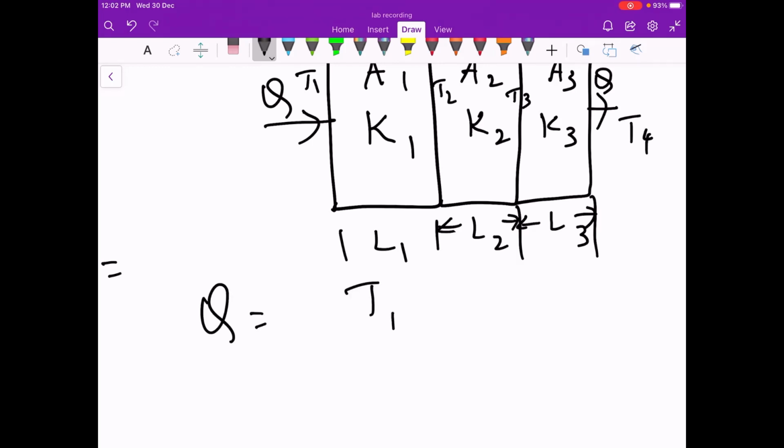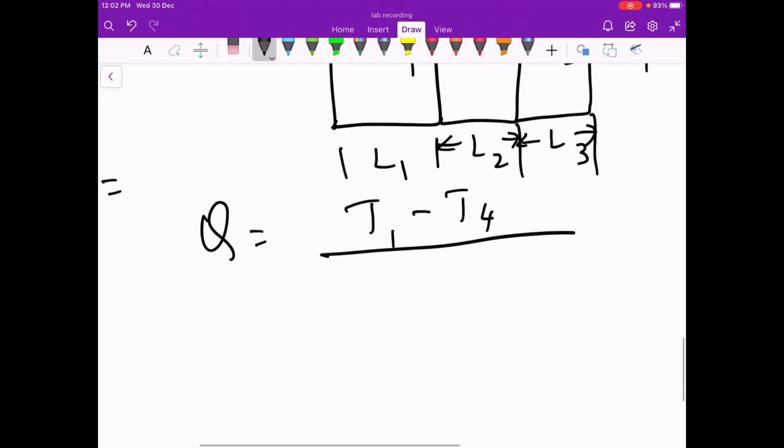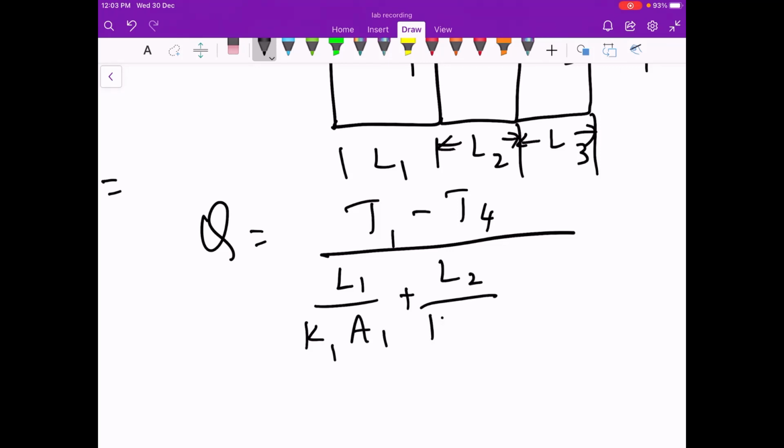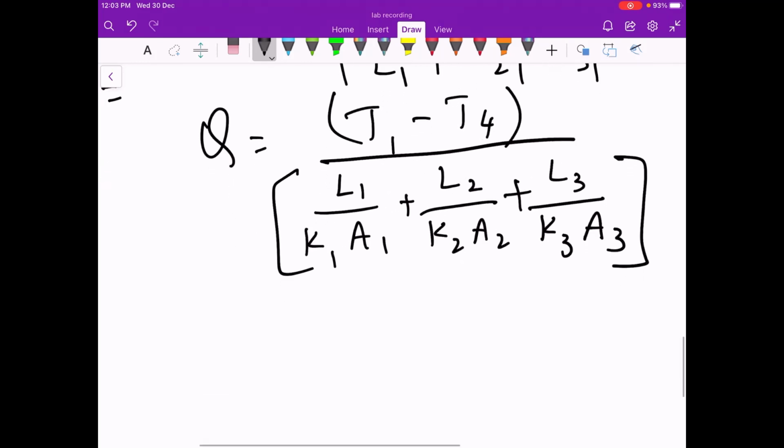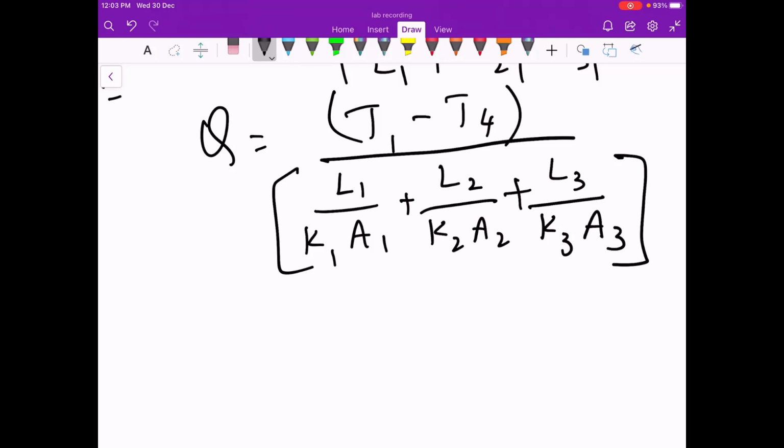So Q is equal to T1 minus T4 divided by the resistance of the individual bodies. That means, can you tell me here? L1 divided by K1 A1 plus L2 divided by K2 A2 plus L3 divided by K3 A3. Are you able to understand, guys?